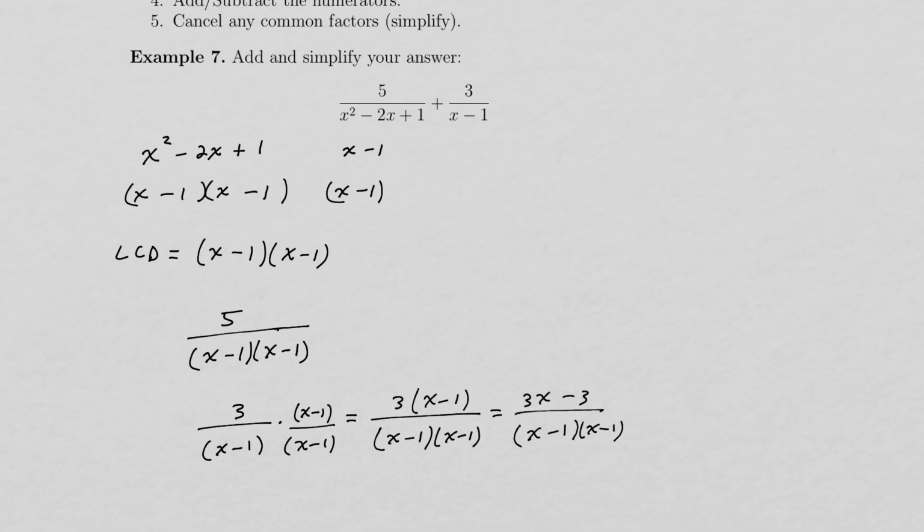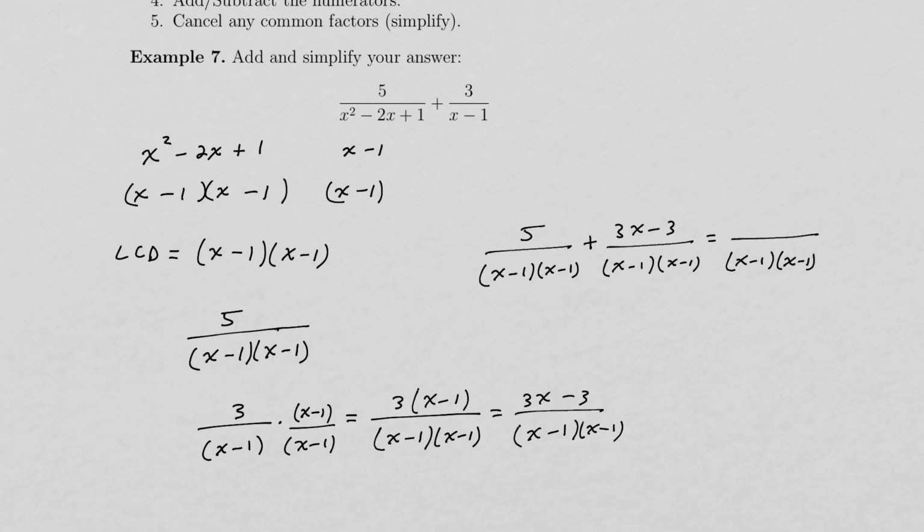Okay, now that I have the same denominator, I can add the two expressions, right? So I'm going to go back up here. I have 5 over x minus 1 times x minus 1 plus 3x minus 3 over x minus 1 times x minus 1. I know my answer has to have the same denominator.